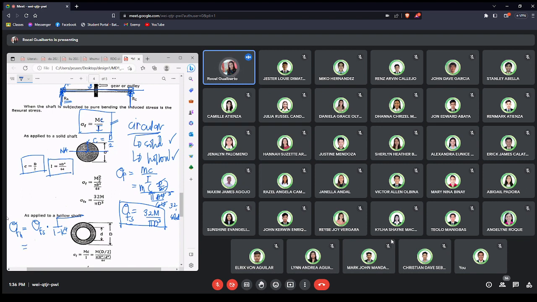So this would be equal to 32M over pi d cubed times 1 over 1 minus k to the 4th. That would be your tau f of a hollow shaft. So, minumultiply po lang natin yung factor na ito.